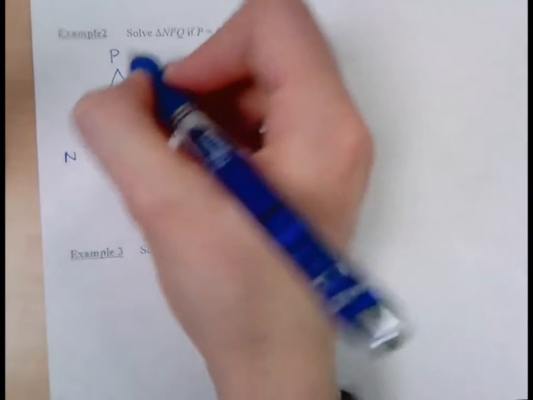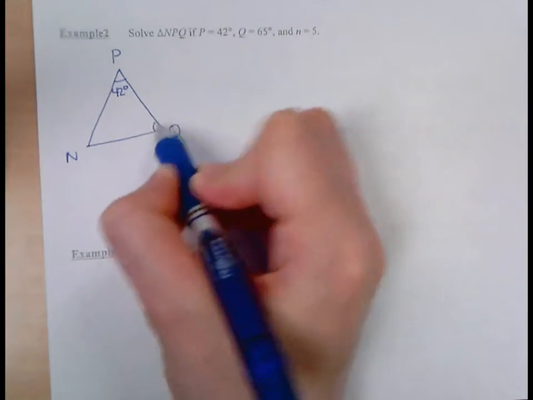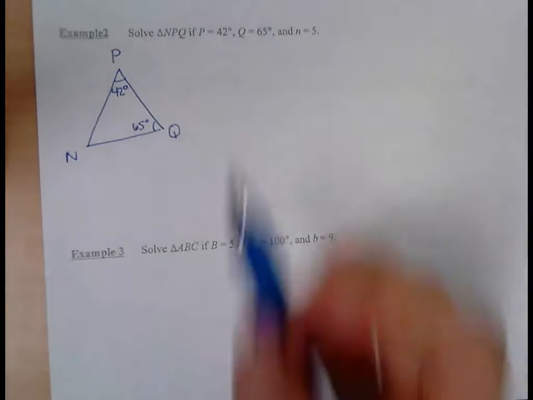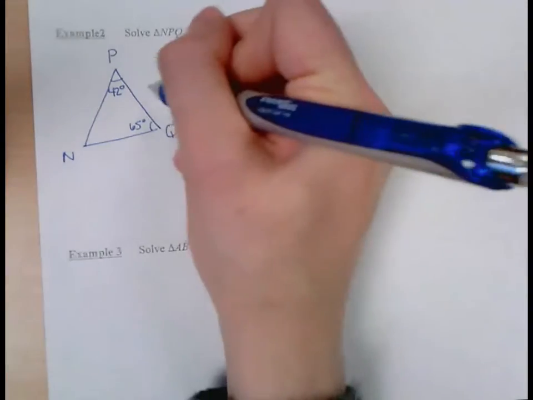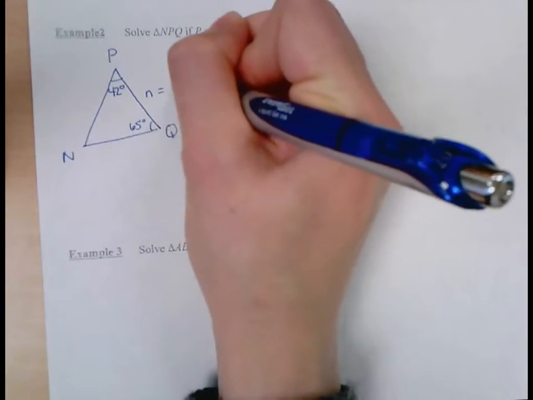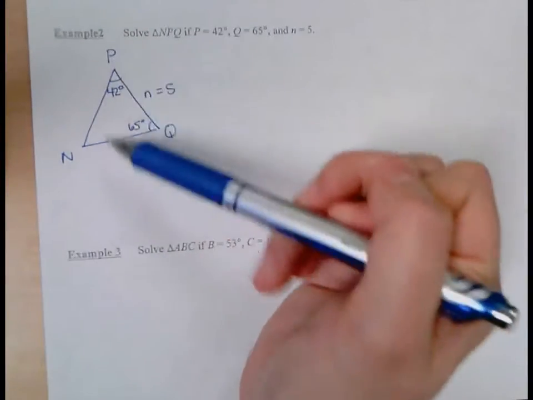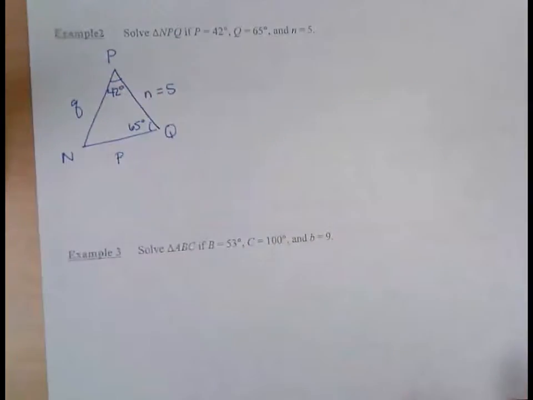Angle P is 42 degrees. Angle Q is 65 degrees. Side N is 5. Remember, side N would be opposite angle N, so this is side N, and that's 5. I'm just going to label sides P and Q. Side P is opposite angle P. Side Q is opposite angle Q.